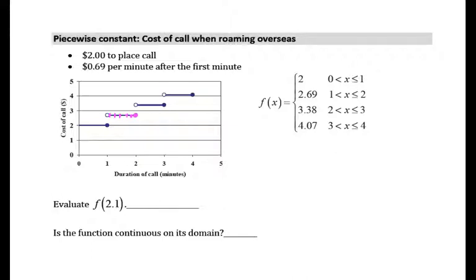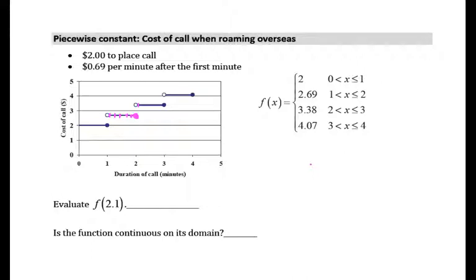And then if you manage to make your call last exactly 2 minutes, great. But if you go 1 second over, it just bumps you up to the 3-minute rate, right? So this is a piecewise constant function because within each interval, it doesn't matter what x is. The only thing x is really serving to do here is to determine which formula applies. There's no formula to actually plug x into.